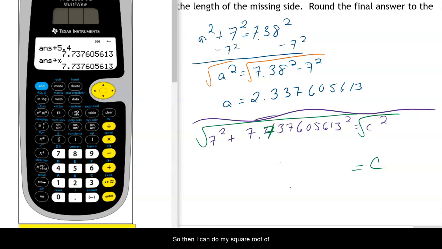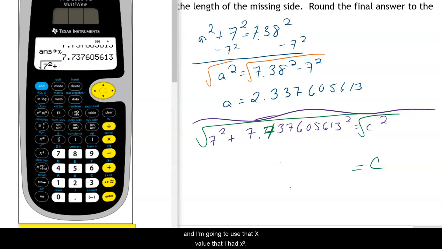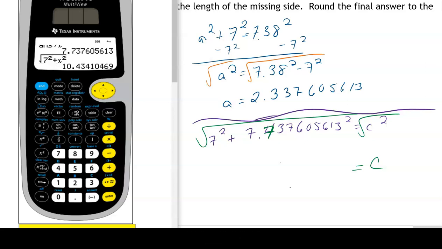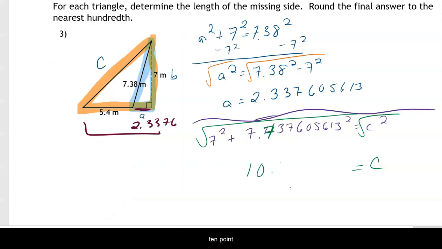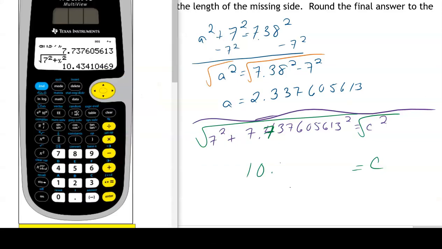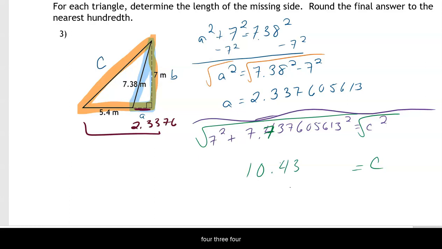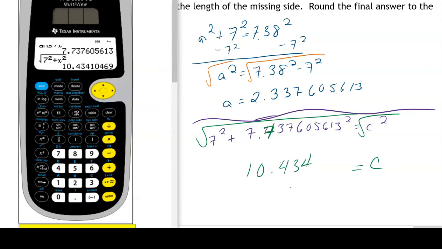So then I can do my square root of 7 squared plus, and then I'm going to use that X value that I had, X squared, and hit enter. And so my C value would be 10.43410469.